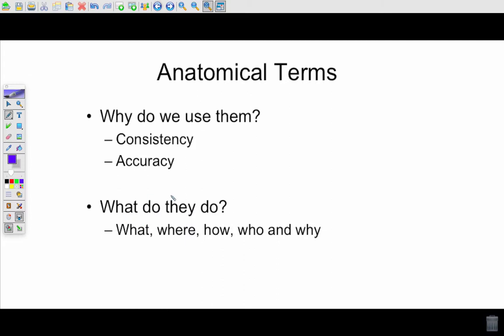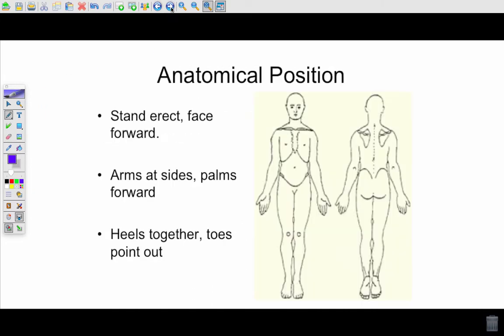And what do they do? They tell us what something is, where it is, how it is in relationship to something else, whose it is, and why we're talking about it. When we talk about anatomical terms, we always use anatomical position as a reference. So in anatomical position, you have to stand erect, face forward, arms at your sides with your palms forward.